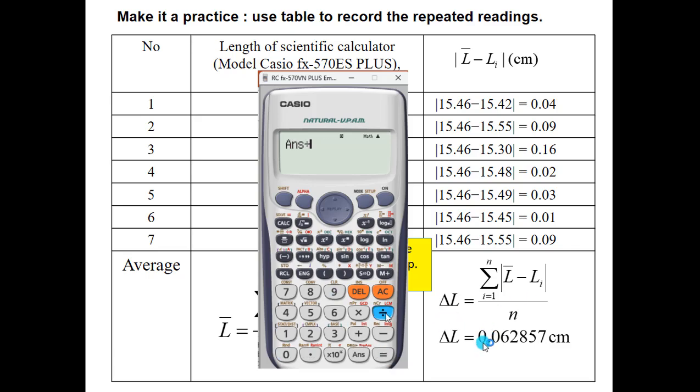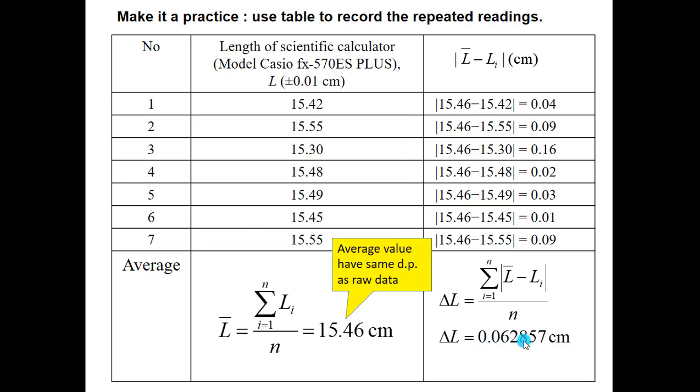The uncertainty I calculated, as shown by the calculator, is 0.062857 centimeter. Anyhow, there is a rule to note down the uncertainties: our uncertainties must always be quoted to one significant figure. So in this case, the uncertainty for the length of the scientific calculator will be 0.06 centimeter.